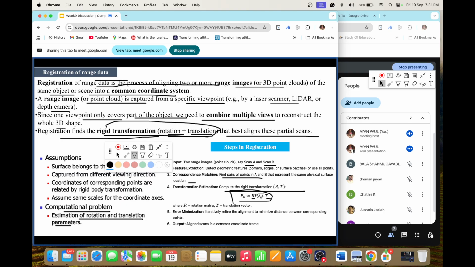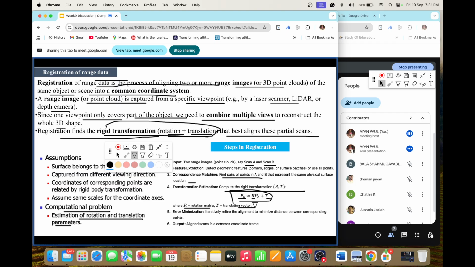So R into PA, where P is the position of the scan A, so rotation into PA plus translation gives the position of the scan B. R is the rotation matrix, T is the translation vector.